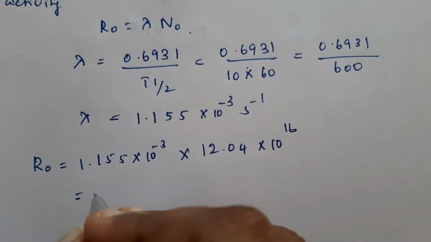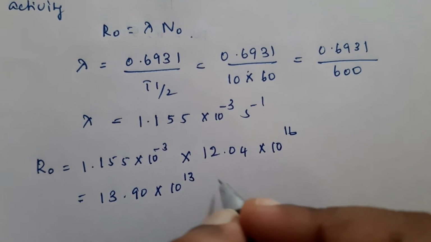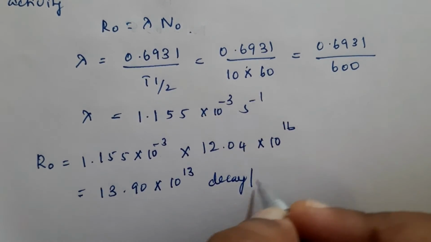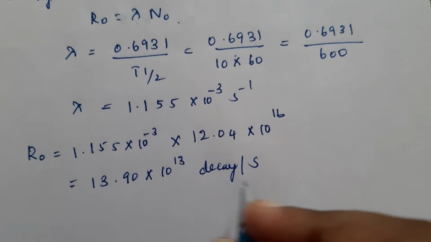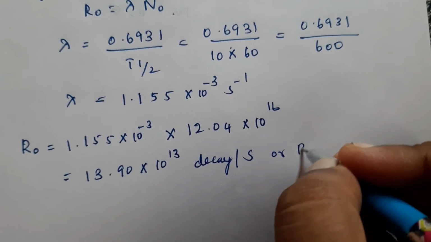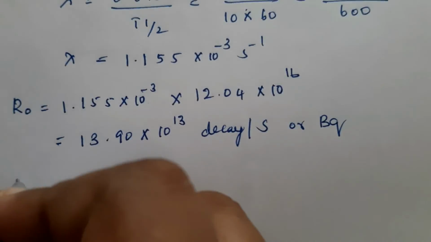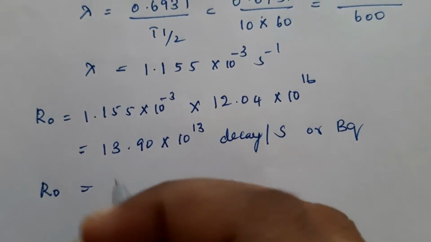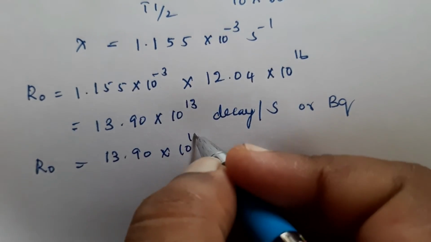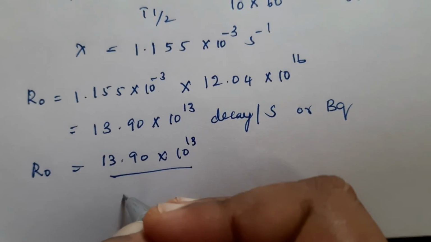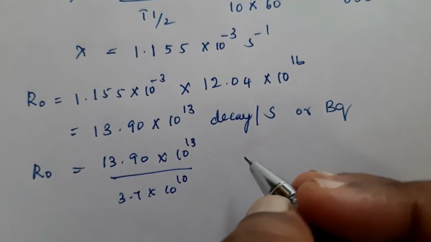If you multiply these two, you will get 13.90 into 10 raised to 13 decays per second, which is otherwise called becquerel. To write it in terms of curie, we have to divide by 3.7 into 10 raised to 10, since 1 curie is equal to 3.7 into 10 raised to 10 becquerels.